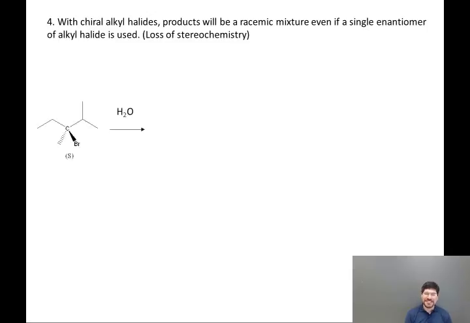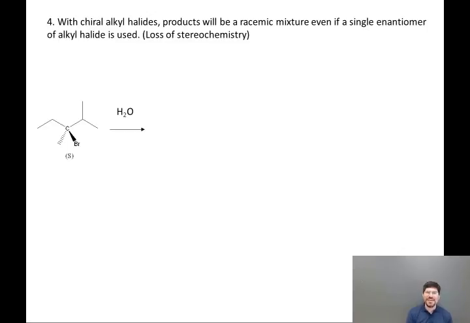Now, in this case, if we start with a chiral alkyl halide, and there will be lots of chiral alkyl halides that can participate in SN1 reactions, because in general, we're going to be talking about tertiary alkyl halides participating in the SN1. So this is an example of a chiral one.